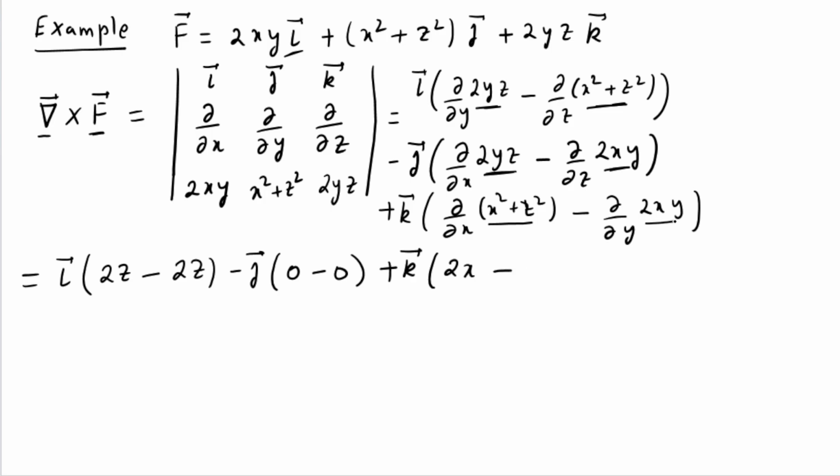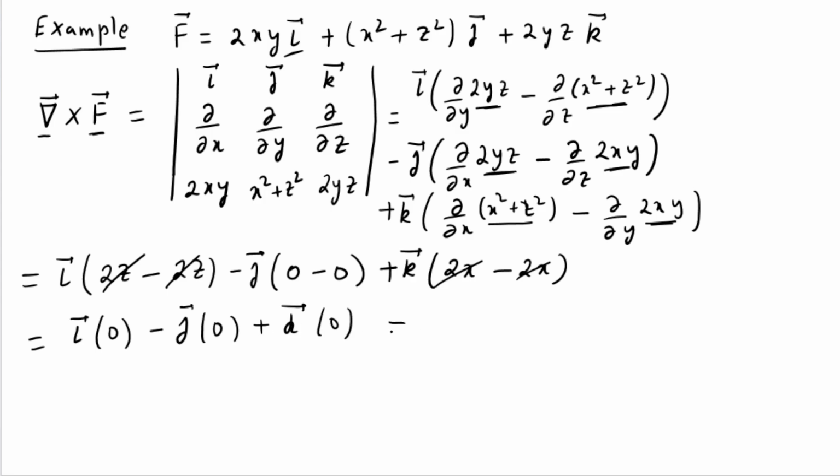Then derivative of this with respect to y gives me 2x. As you can see, this can be cancelled. This can be cancelled. So therefore we have i 0 minus j 0 plus k 0. So therefore the curl of f has given me 0. Thus we say f is an irrotational vector field.